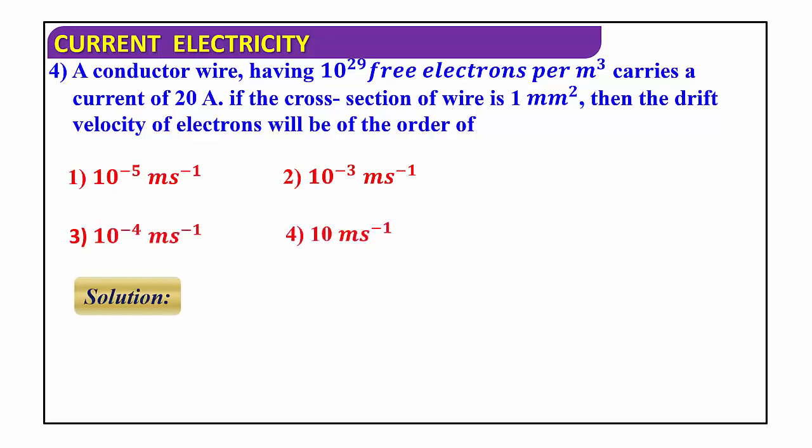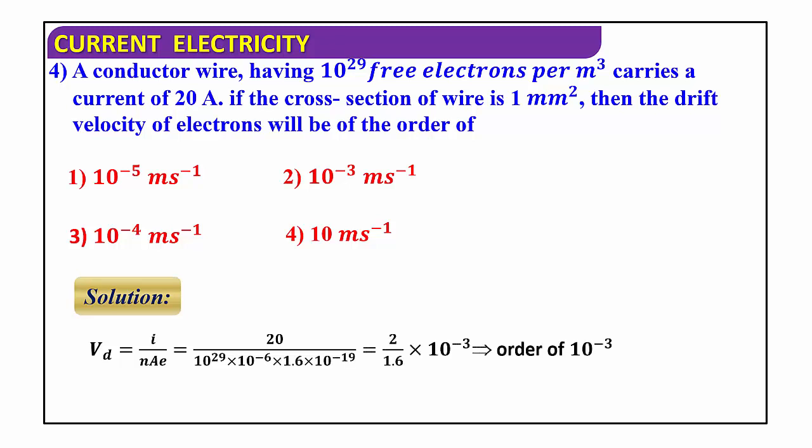Come to the solution. First point, the drift velocity equation: I divided by NAE. So here, what are the given values? What is the value of I? You can observe in the givens. Number of electrons in the conductor is 10 raised to 29. Then current is 20 amp.